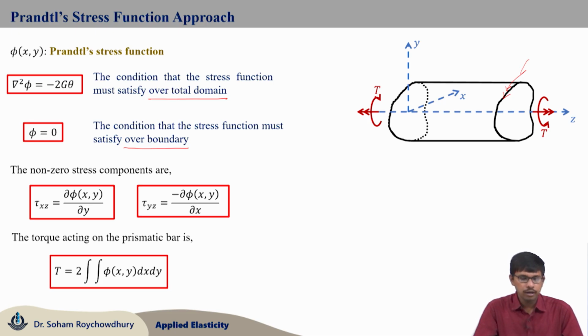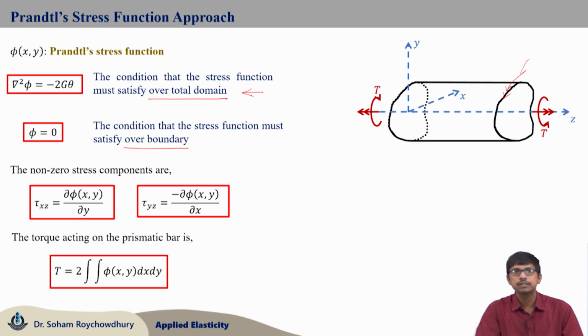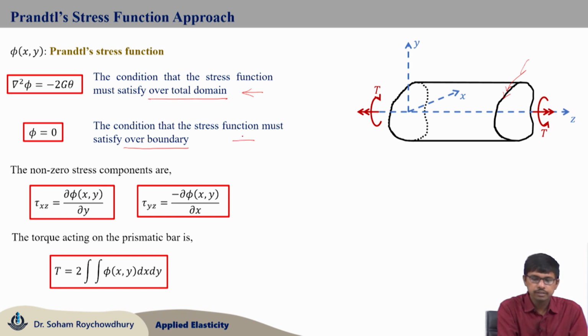Now, for solving any torsion problem of a prismatic bar with non-circular cross section, our first goal is to choose a proper Prandtl stress function phi xy which satisfies both conditions, that is, Laplacian of phi equals minus 2 G theta over the entire domain and phi equals 0 over the outer boundary.